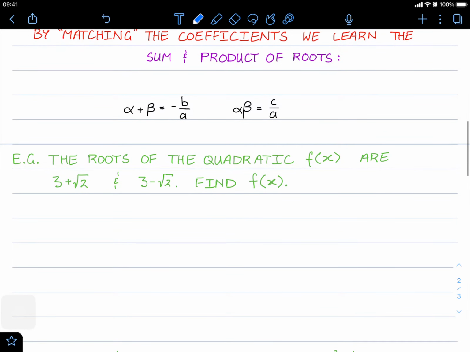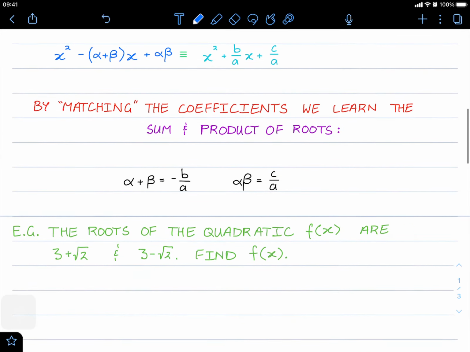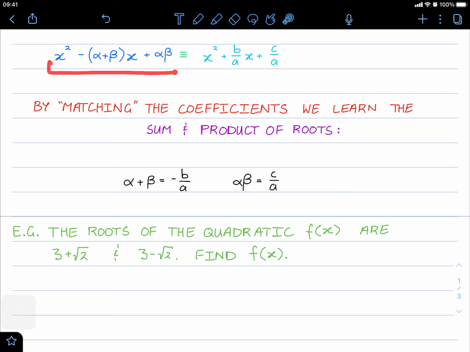The roots of a quadratic f of x are 3 plus root 2 and 3 minus root 2. Well, by first using this expression, we can easily find the coefficient of x and the constant term c.